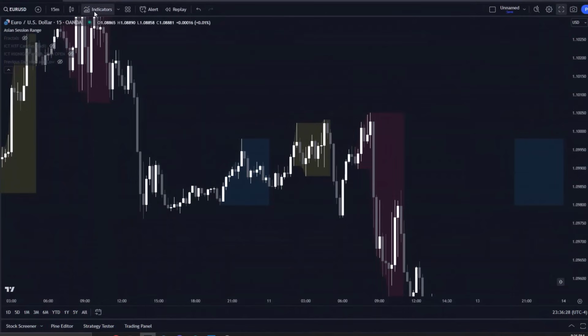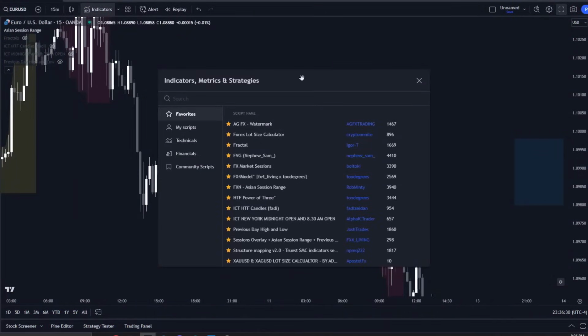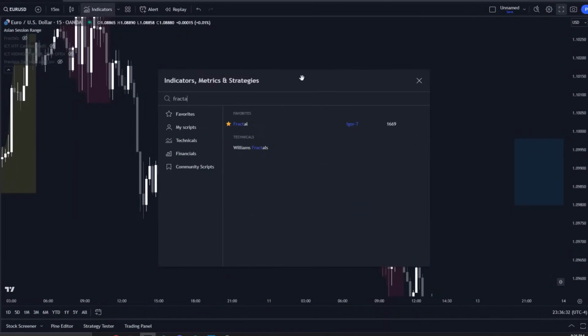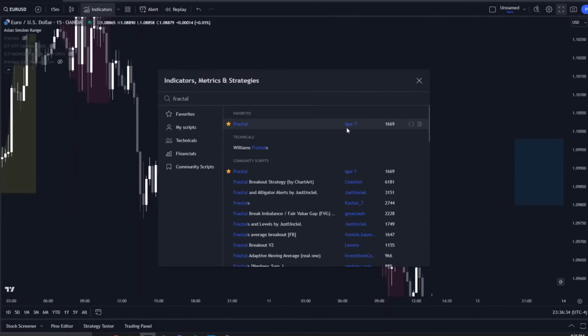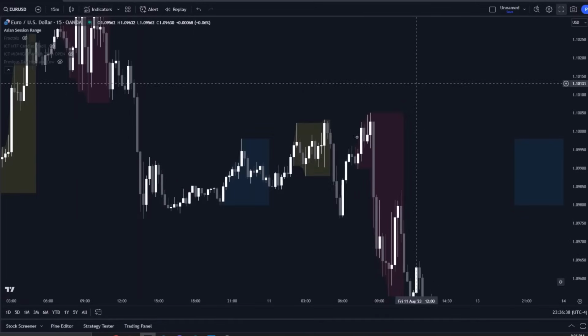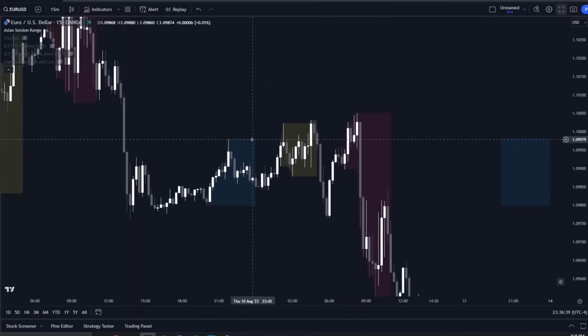Now for the second indicator, we go to the indicators, we type fractal, and this one by Igor T. This is the fractal indicator that I use. This is a very important indicator. It just makes everything easier for you. Every fractal high and low is going to be marked.